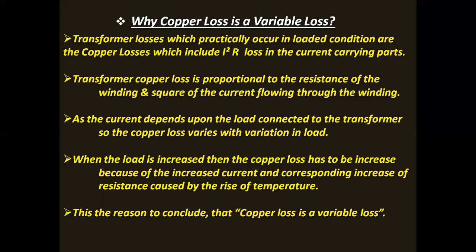Number 3, as the current depends on the load connected to the transformer, the copper loss varies with variation in load. Number 4, when the load is increased, the copper loss increases because of the increased current and the corresponding increase of resistance caused by the rise of temperature. This is the reason to conclude that copper loss is a variable loss.